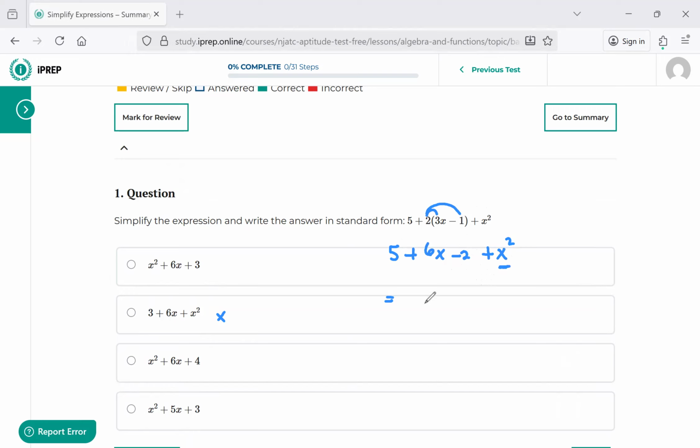My highest power is x squared, and then it's going to be 6x, and then our constant is 5 and negative 2, which is positive 3. So that is x squared plus 6x plus 3. This one, x squared plus 6x plus 3.